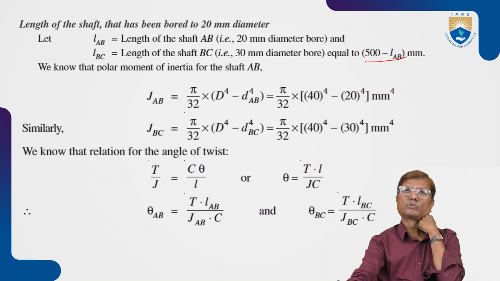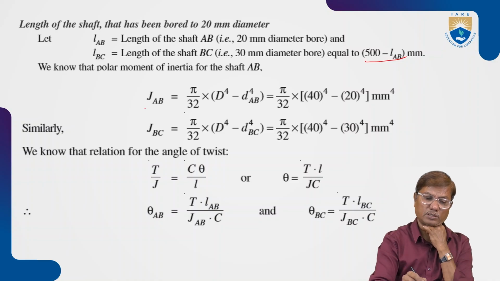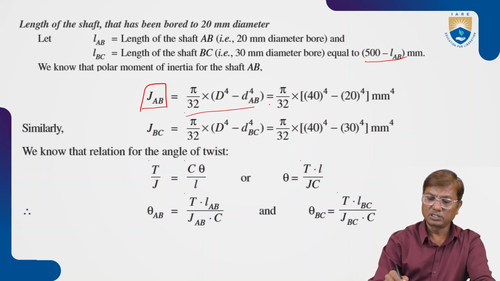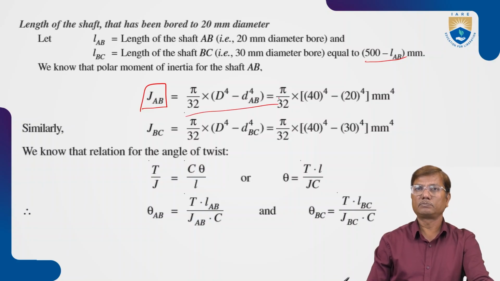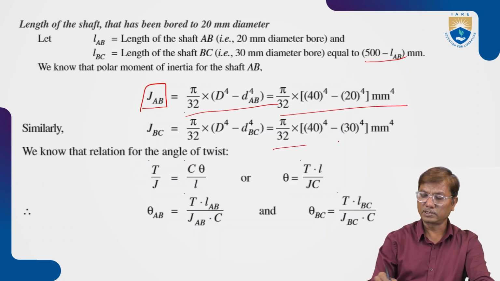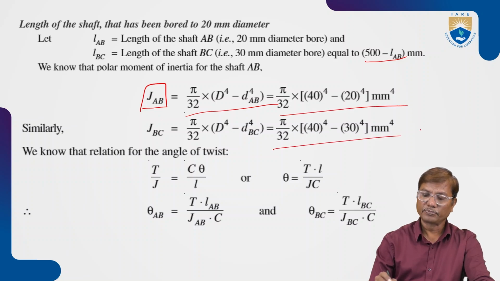Now the polar moment of inertia J for portion AB is pi by 32 into capital D power 4 minus small d power 4, isn't it? This is the polar moment of inertia for AB, and this is for BC.